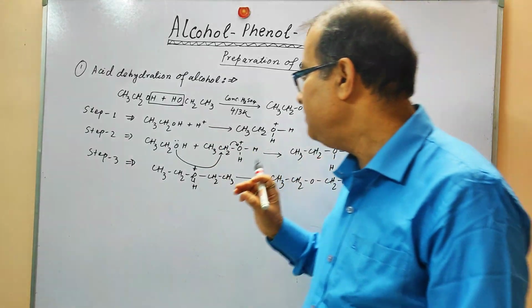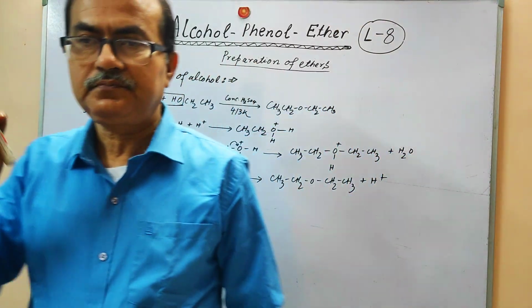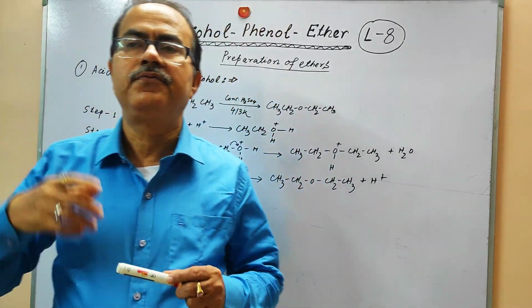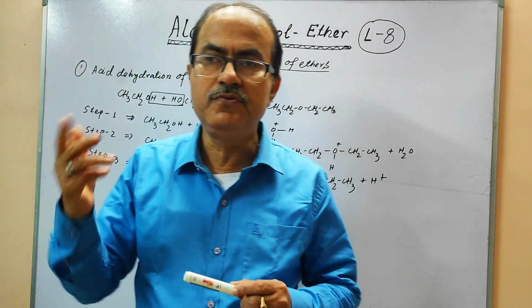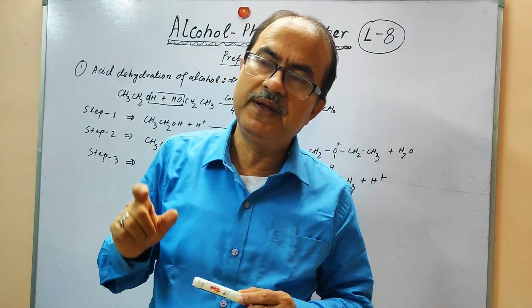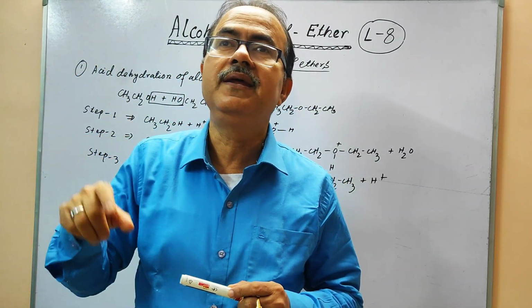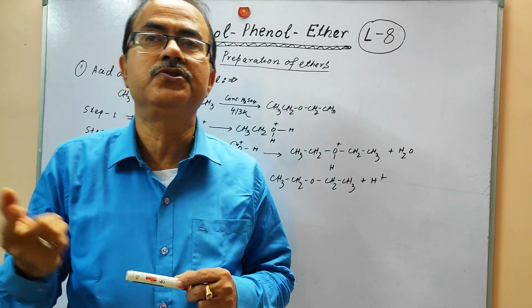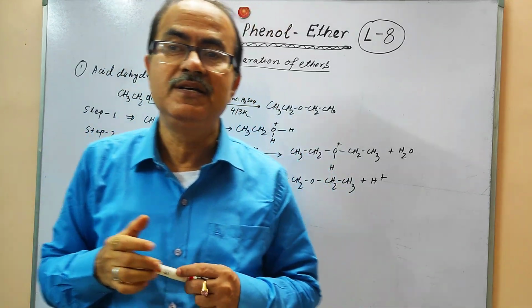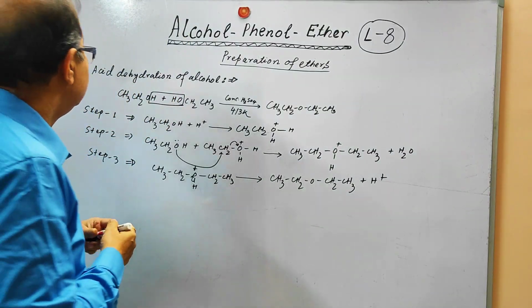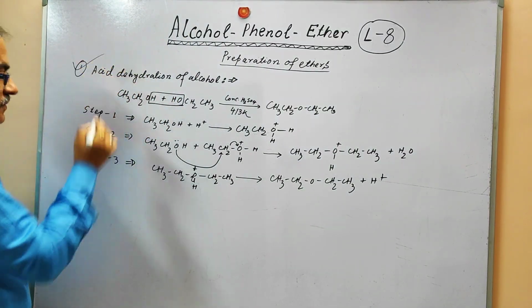So this is the main limitation of this preparation process: it is only possible for primary, unbranched alcohols, and in this process you can only produce the symmetric ether. Okay, so this is the acid dehydration.